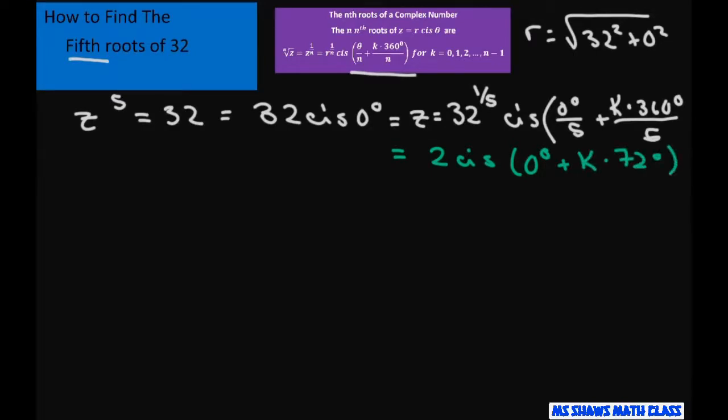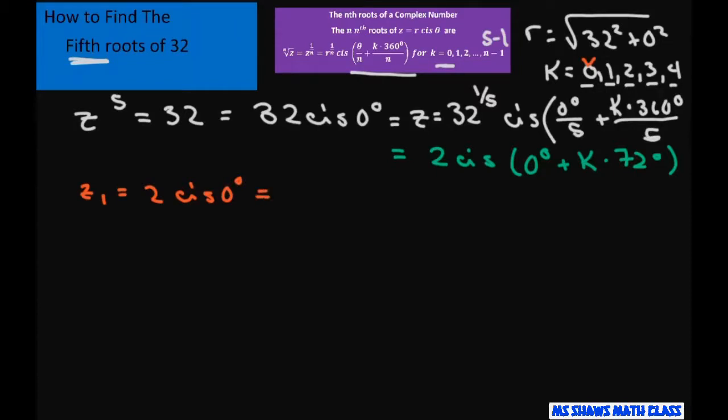Now after that, we're going to do this for k. Since we're doing the fifth roots, we start with 0 and go to 5 minus 1. So it's 0, 1, 2, 3, and 4. There we have 5 terms. So for k equals 0, we're going to get z1 equals 2 cis of 0.